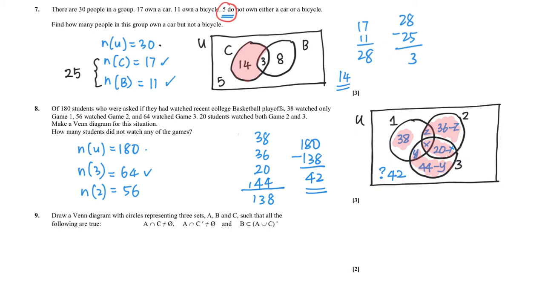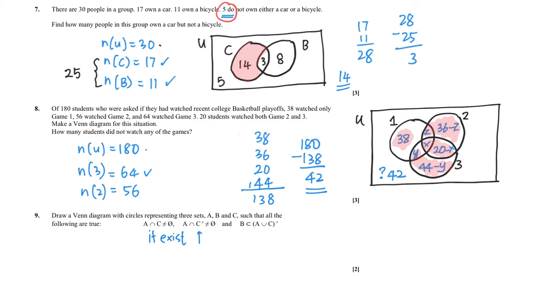Next question. Okay, this one says A, B, C. A intersect C is not equal to the null set. So it means that it exists. So A intersect C exists, and A intersect not C also exists.